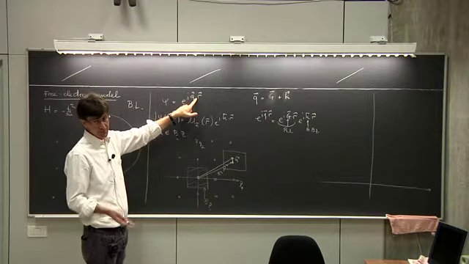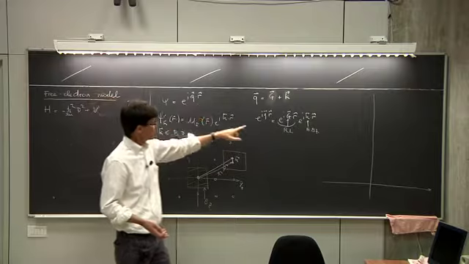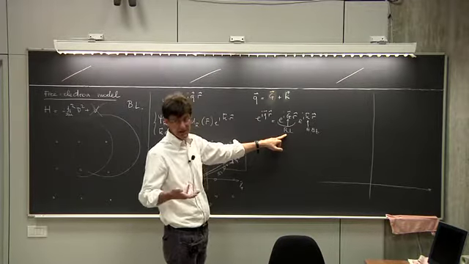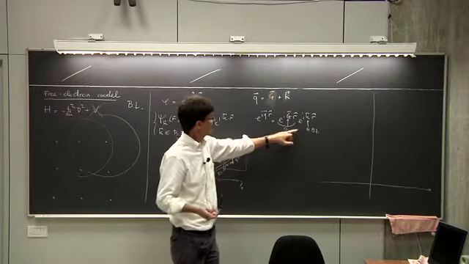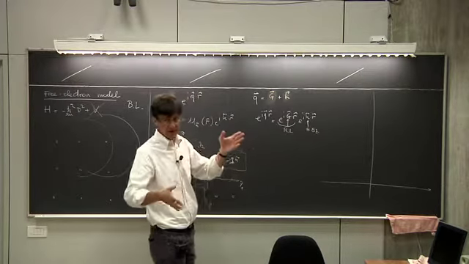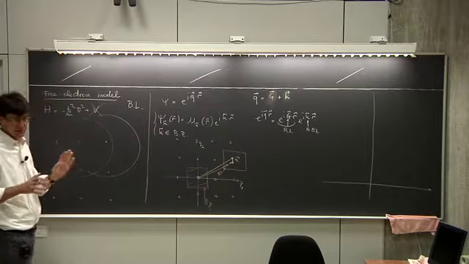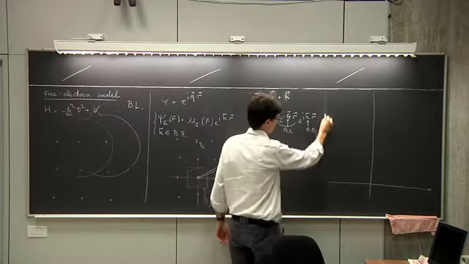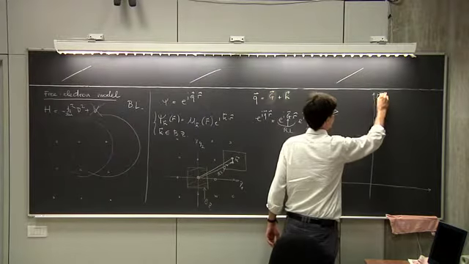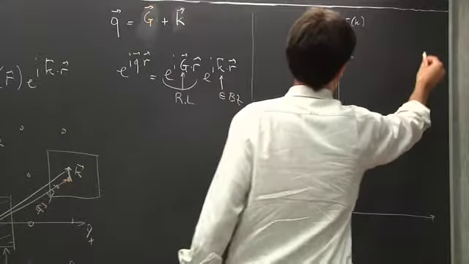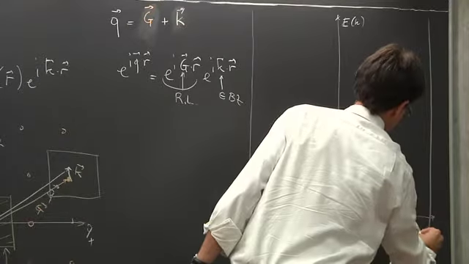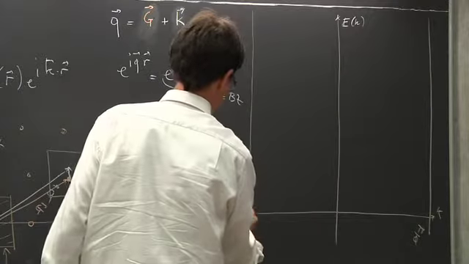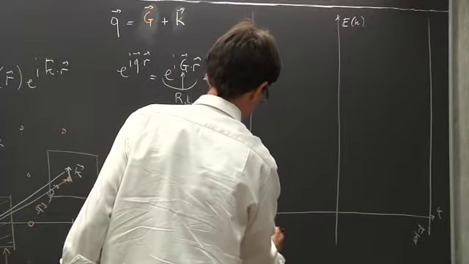The scalar products become just products between numbers. Reciprocal lattice vectors are 2π over a times n, an integer. The Brillouin zone is minus π over a to π over a. So in one dimension, everything is trivial or very simple. So here I have my energy. This is π over a. This is minus π over a.